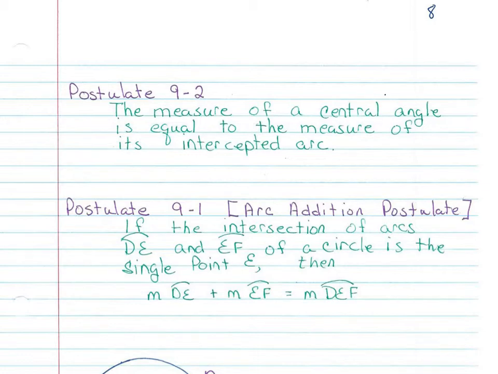Normally, 3 letters are reserved for a major arc. If it's a minor arc, we would just name it arc DF. So this could also be the measure of arc DF. If you use 3 letters, that usually indicates a major arc.